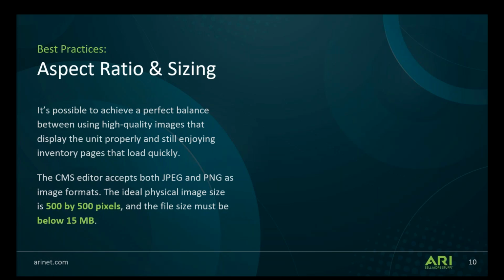Because sometimes if you have a large raw file and our system attempts to compress it before uploading it to the site, sometimes it can cause slight blurriness. But if you take that raw file that you have and size it down to 500 by 500 and make sure the file size is below 15 megabytes, it is the perfect sweet spot in between your photos being clear enough so they can see all the features of that unit, and your site still loading very quickly.